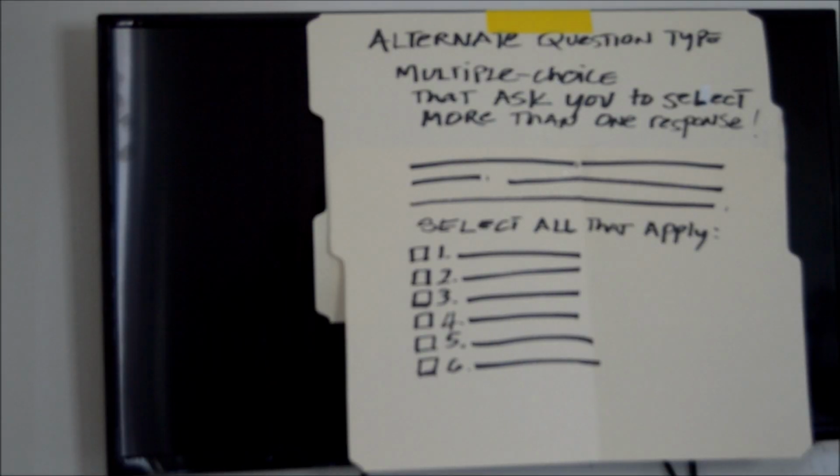All right. Okay, let's start with this alternate question type. This is a multiple choice question also, but it asks you to select more than one response. Just to give you an example, if you see the words select all that apply, that means it is an alternate question type.